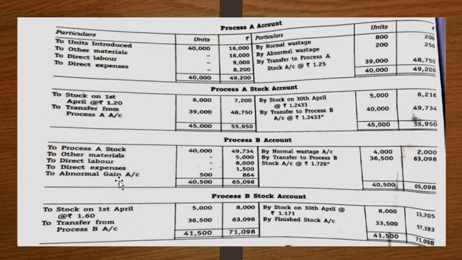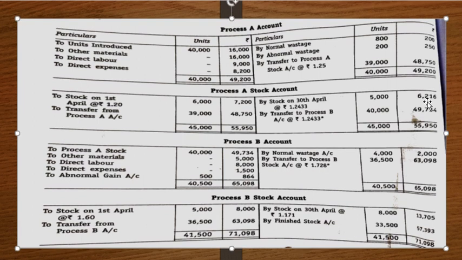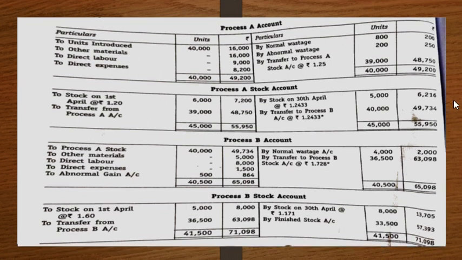For that, the cost per unit is calculated using the weighted average cost formula, which is 5,000 at rupees 1.2433. 5,000 into 1.2433 will give you 6,216. So we will be taking 6,216.